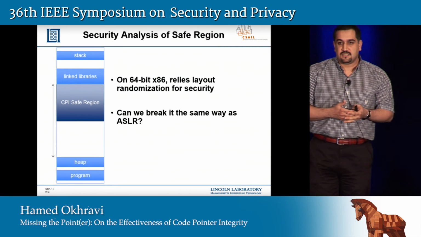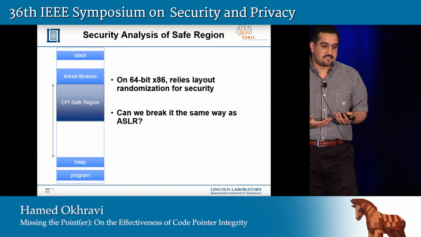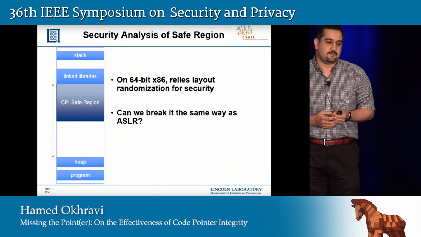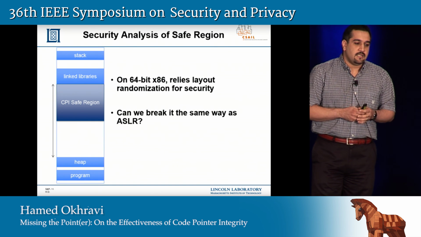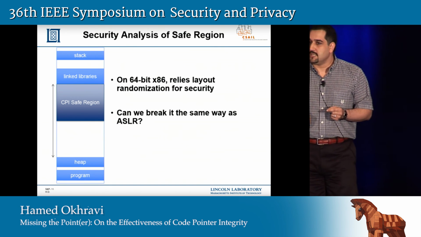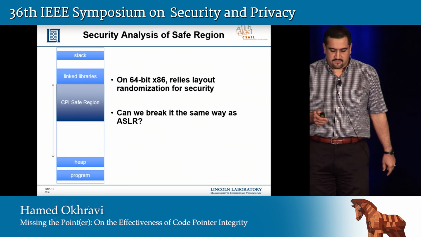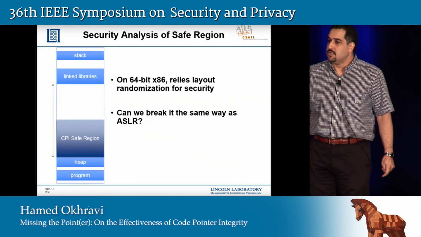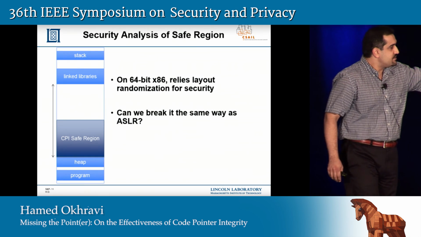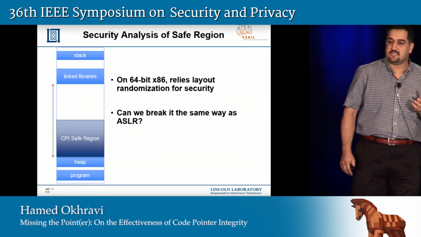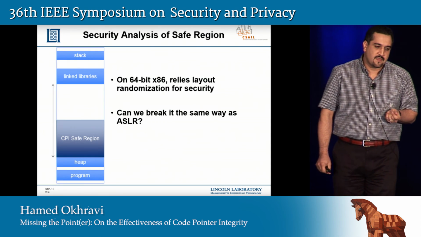But for architectures that don't support segmentation, like 64-bit versions of x86 or ARM, it relies on information hiding and randomizing the location of the safe region inside memory. So by hiding that safe region inside memory, that is how it is protected in CPI.